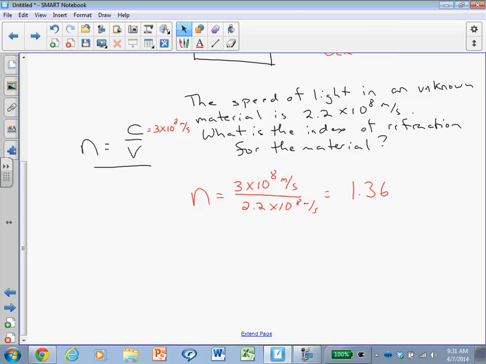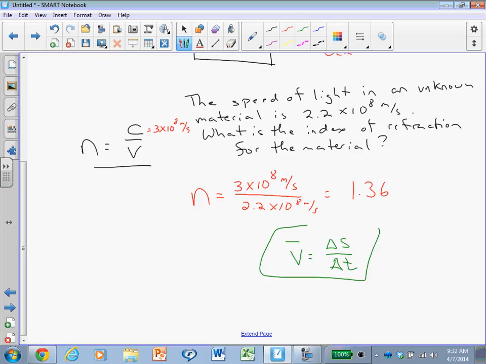Oh, the other equation that you should remember is this one. Unless I ask what is the likely material, you look at your table. This formula, way back from the beginning of the year, is just our speed formula. But remember, you're not always given wavelength as your distance and frequency as the reverse of your time.